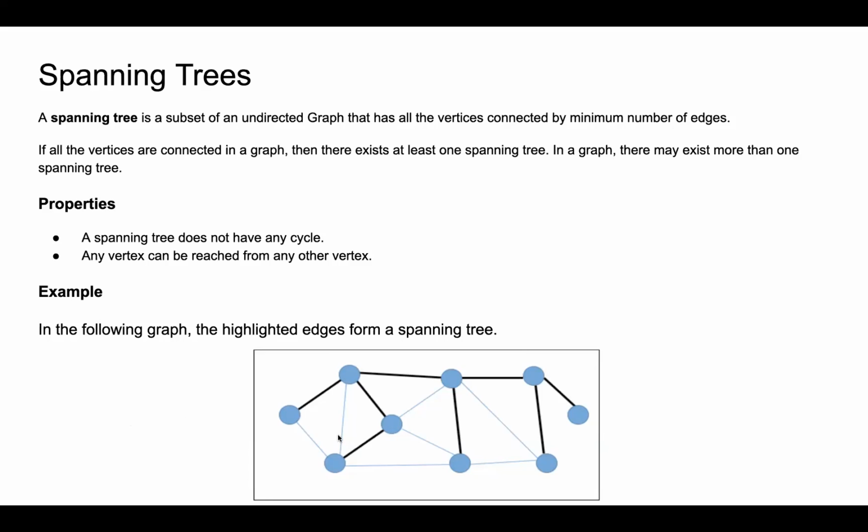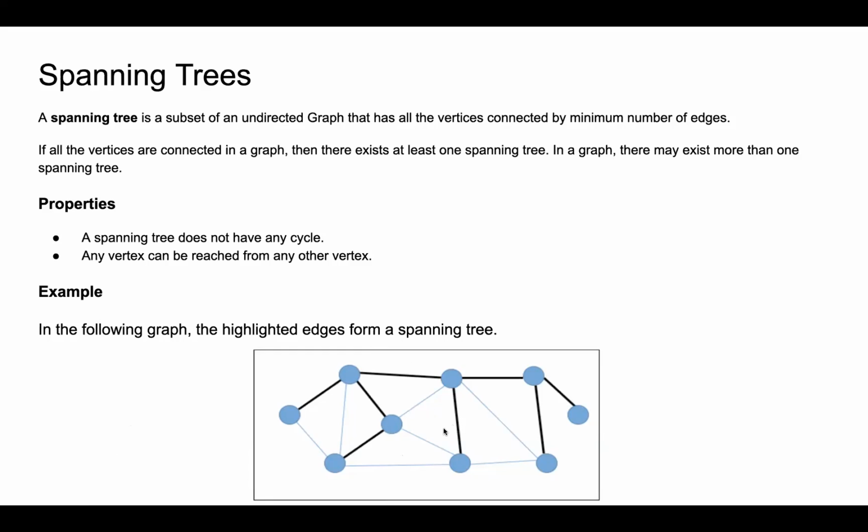So for joining 9 vertices, what number of lines will it require? It will require 8 minimum edges. Yes or no?